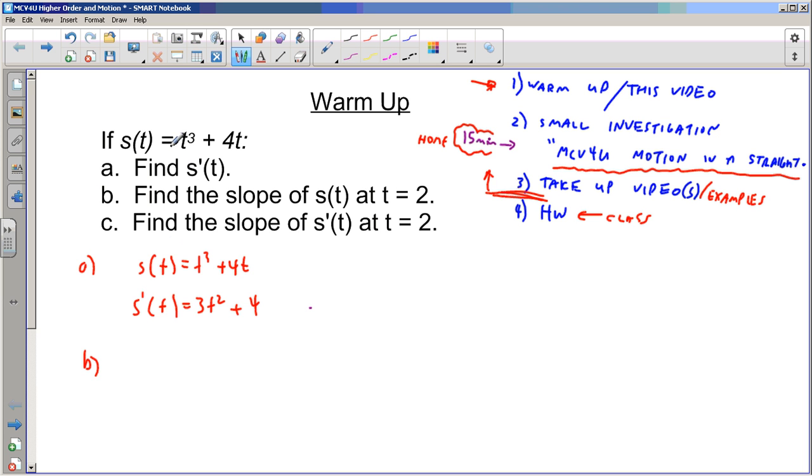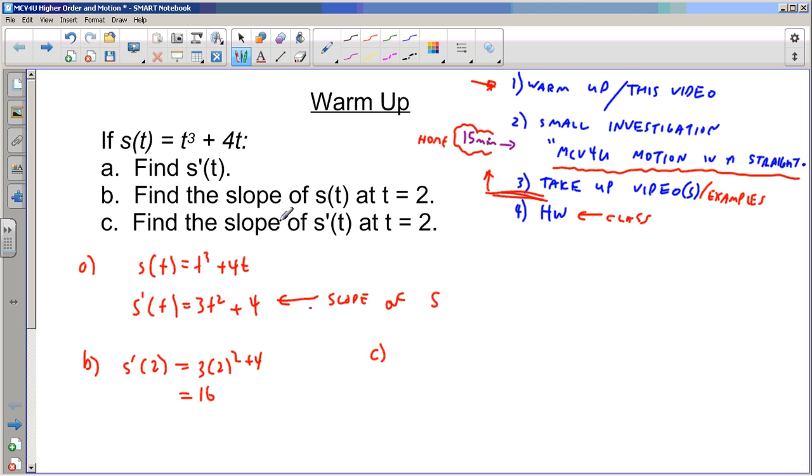Well, the slope of s is this function, right? This is the slope function. So all I'd have to do is find s prime at 2, which is 3 times 2 squared plus 4, which on the calculator is 16.